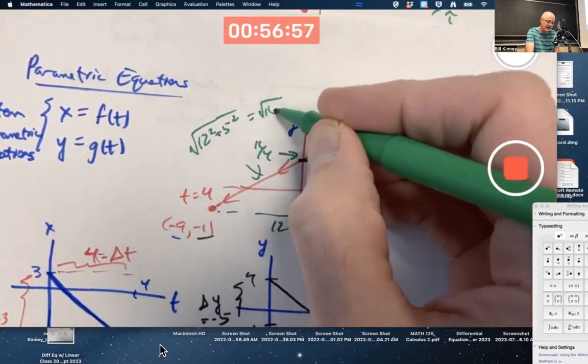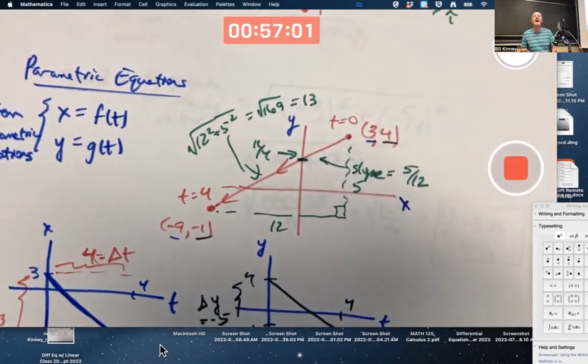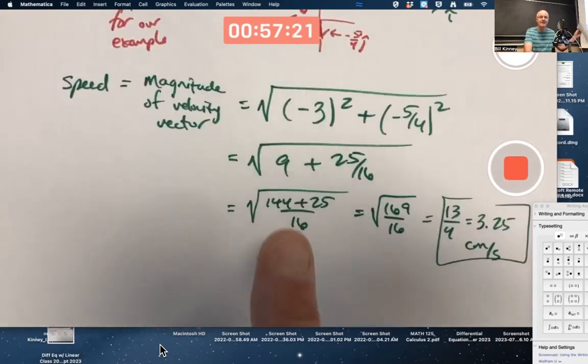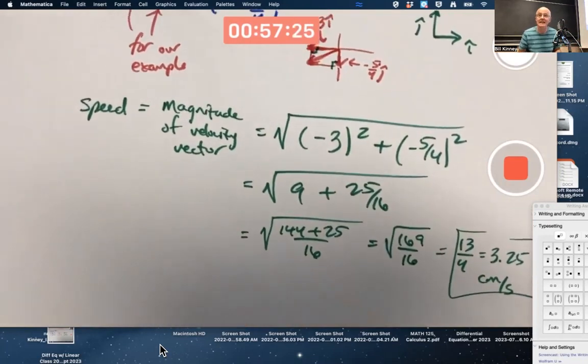Square root of 169 is 13. And it travels over 4 seconds, 13/4. That's definitely a quicker way to find the speed in this case. But, this is a big but, it only applies for constant speed motion. Otherwise, it's just an average speed, not an instantaneous speed. Whereas this formula gives you an instantaneous speed and in general is a function of t.